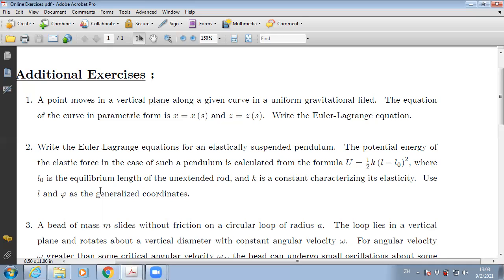Step 1, step 2, step 3, step 4. Keep working on it, then you get the answer. Okay, 5 minutes.